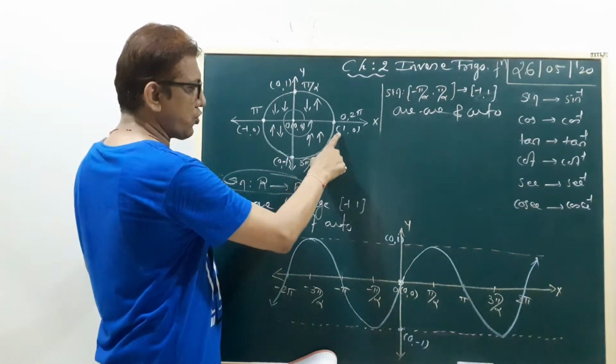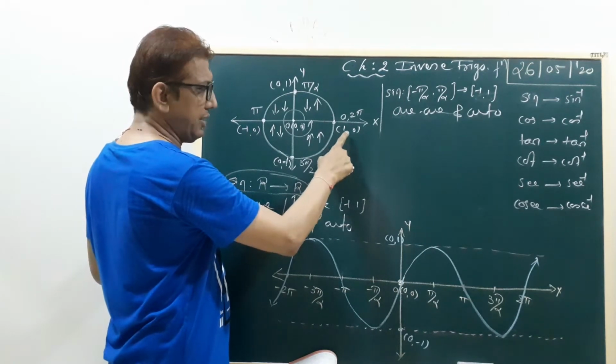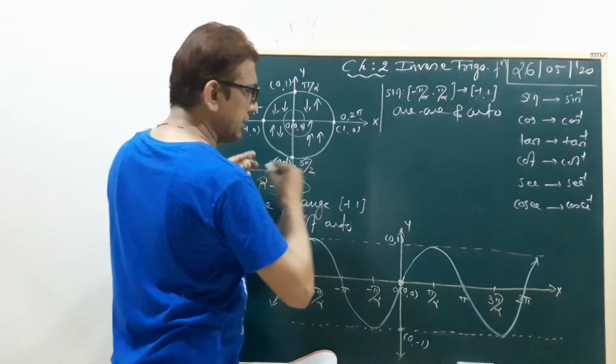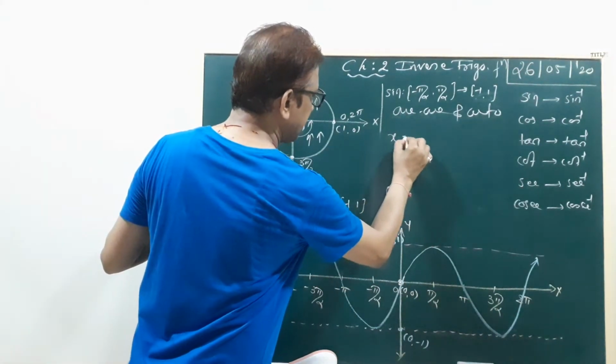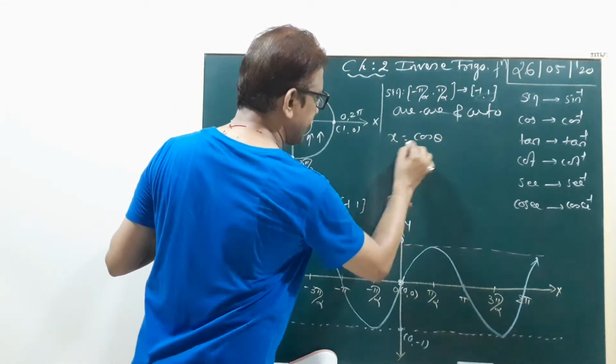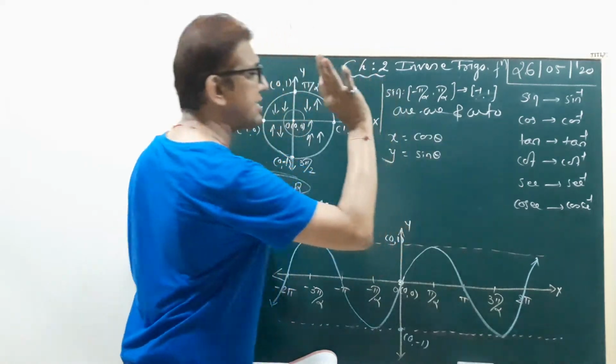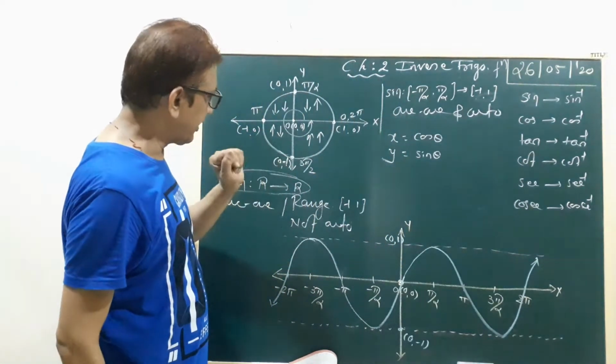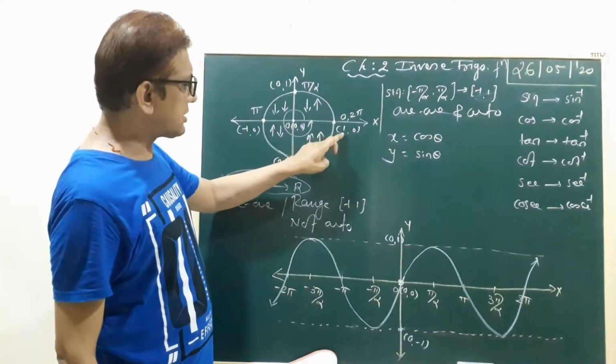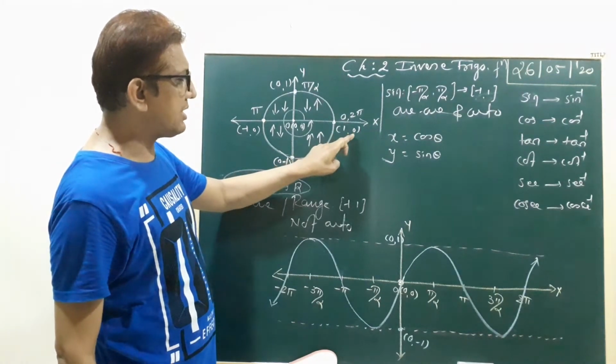Here the coordinate of x is 1, y is 0. Our x coordinate is called cos theta. The y coordinate is called sin theta. Is that clear? Okay. So here cos theta is 1, sin theta is 0.